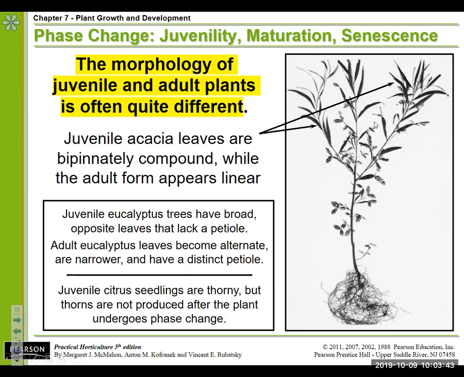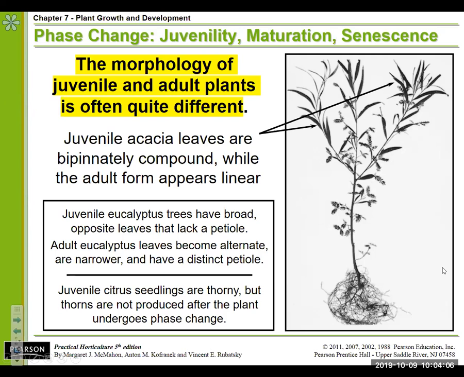In citrus plants, they're thorny when they're juvenile, but then once the plant becomes mature, they don't develop thorns anymore. We see that in a lot of perennial plants, especially the woody plants, when they're young, they're trying to protect themselves from grazing from deer, for instance.